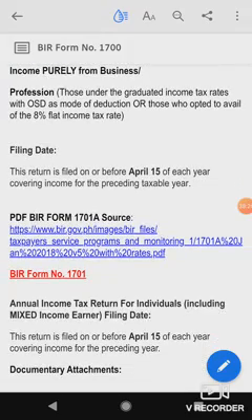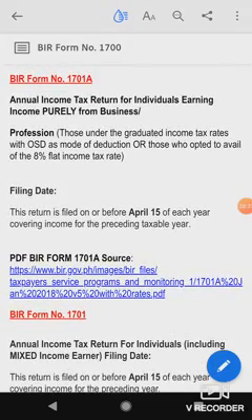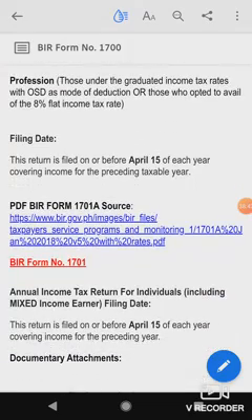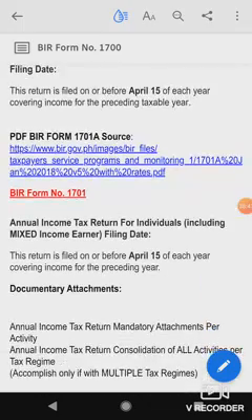These are the options for professionals or individuals earning purely from business, who are required to file the 1701A annual return. The filing date is April 15 of each year, covering income for the preceding taxable year.